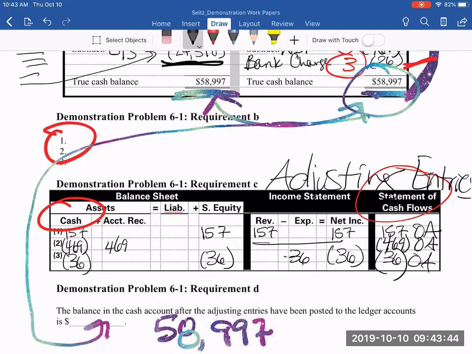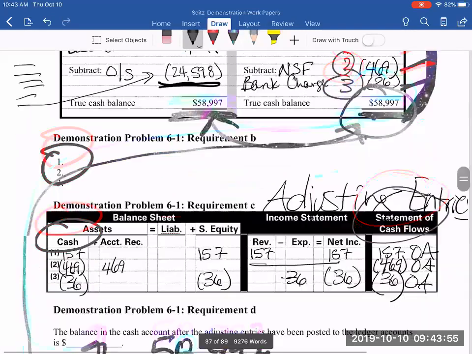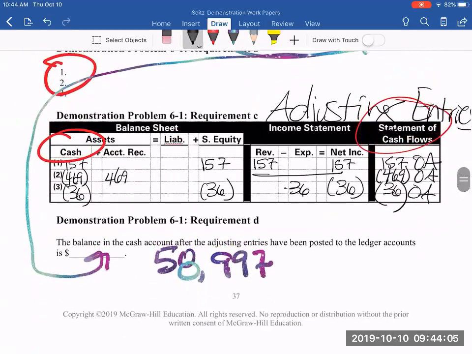Okay, and that's because once we took this beginning balance of 59,345 and we added and subtracted, we came up with it on paper of 58,997. But we still have to do these adjusting entries that we show down here in requirement C. Otherwise, our financial statements actually don't reflect the new quote unquote true cash balance, and therefore not reconciled.